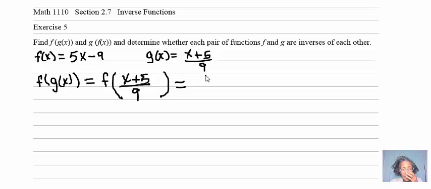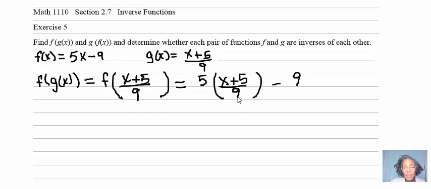Now, whatever you put into f, you multiply it by 5 and you subtract 9. And we're putting x plus 5 over 9 into f. We're going to think of 5 as 5 over 1. We're going to think of 9 as 9 over 1.